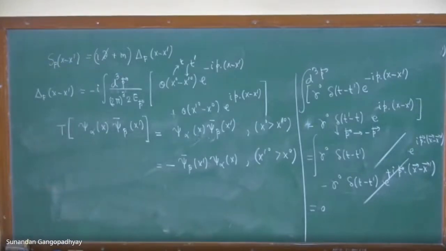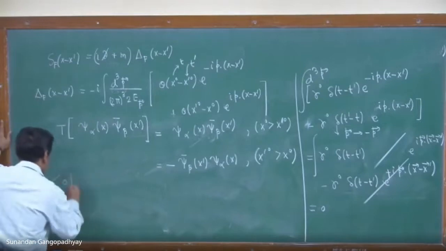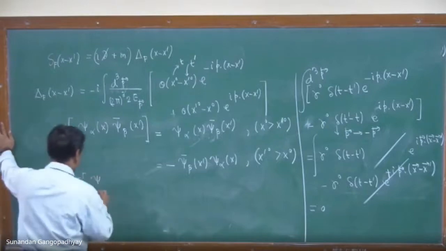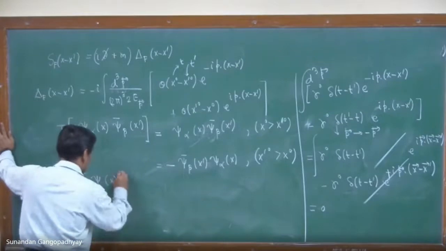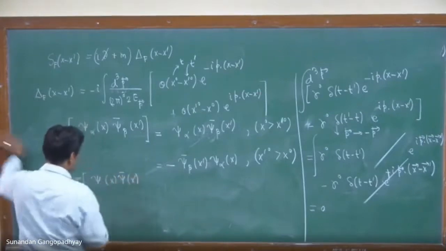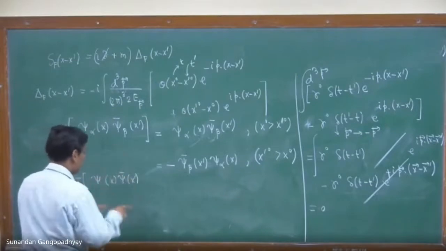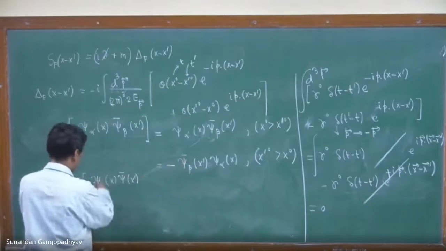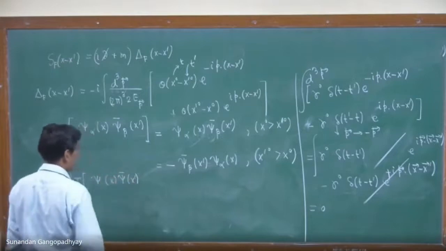And now what we need to do is calculate the following: the vacuum expectation value of the time ordered product of psi of x and psi bar of x prime. You can put the labels alpha and beta because these are spinors, so psi is like a column with four rows and psi bar is like a row with four columns.